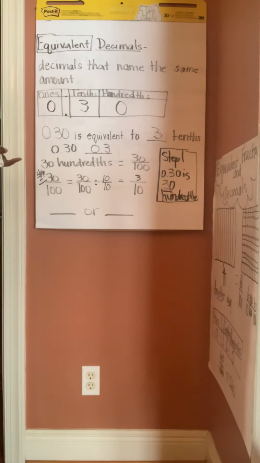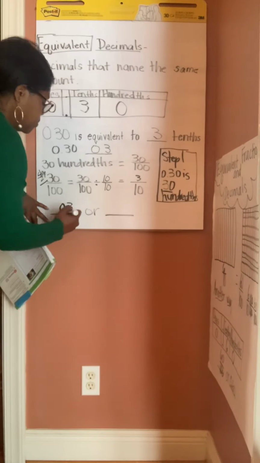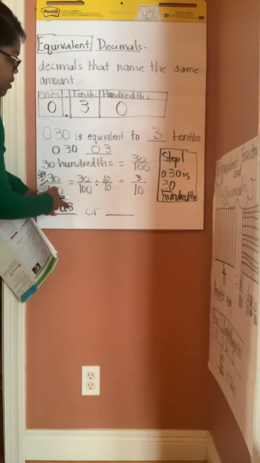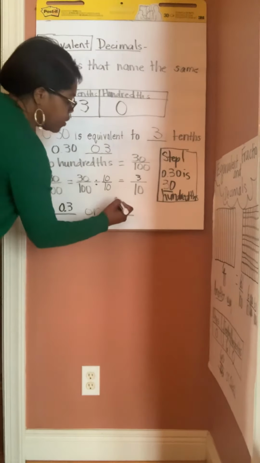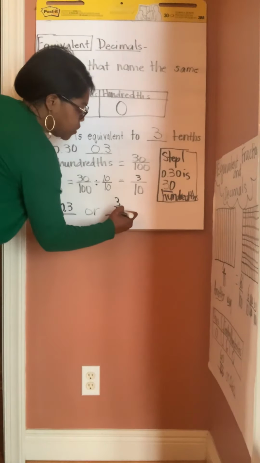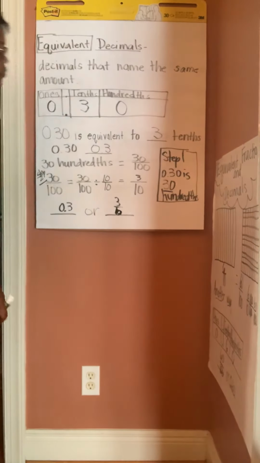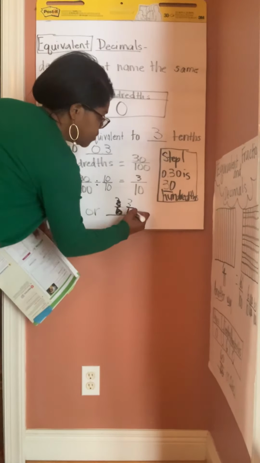We can write it as a decimal in tenths as 3/10. 0 ones, 3/10 in my place value chart. Let me fix that because I don't like the way that looks. 3/10.